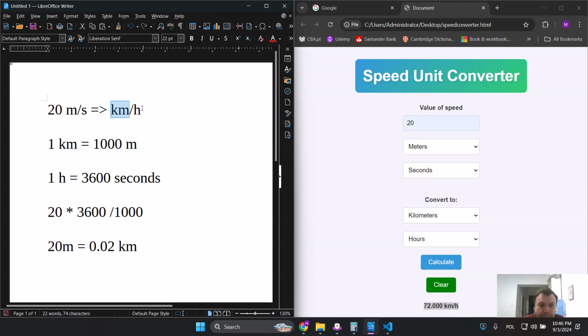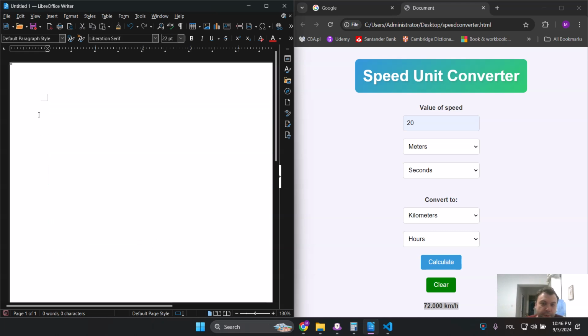So you need to think, how can we express meters as kilometers? How can we express seconds per hour? And then it will lead you to this calculation. Okay, so the first example is done.